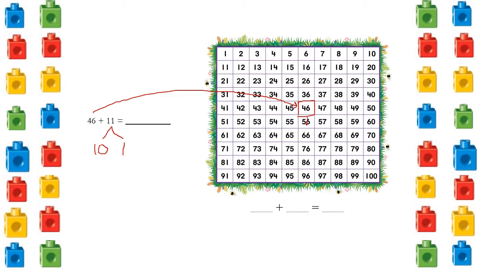That means we're going to drop down one row to the 56. And then we have to take care of this 1. So we're going to hop one space over and then we'll make 57. So 46 plus 11 is 57.